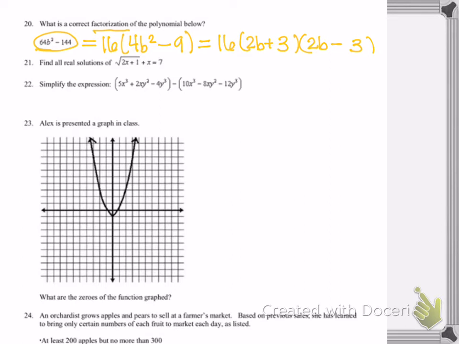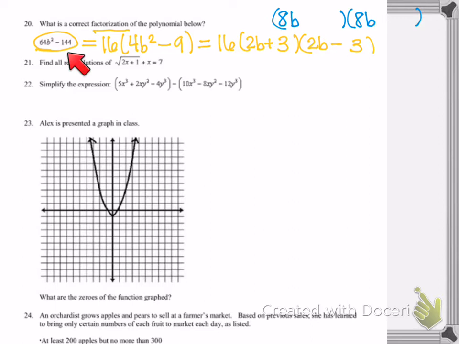Now, this is one example of how you can factor this. I could also have factored this just by doing that step of difference of squares at the beginning. So notice that 64b squared is a perfect square. So I could write that as an 8b and an 8b, because that multiplies to give you 64b squared.